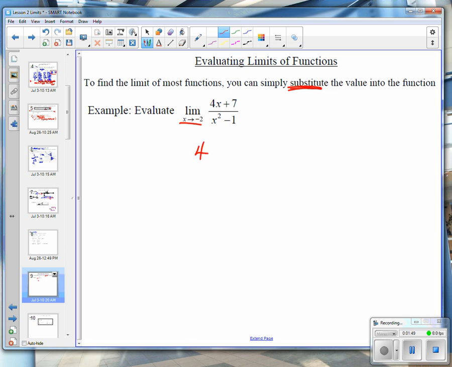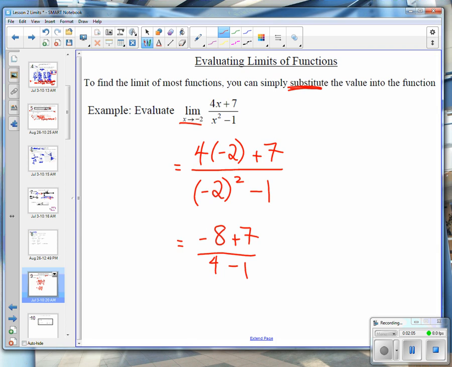So I've got 4 times negative 2 plus 7 over negative 2 squared minus 1. Let's simplify. So I've got negative 8 plus 7 over 4 minus 1, which is just going to give us negative 1 over 3.